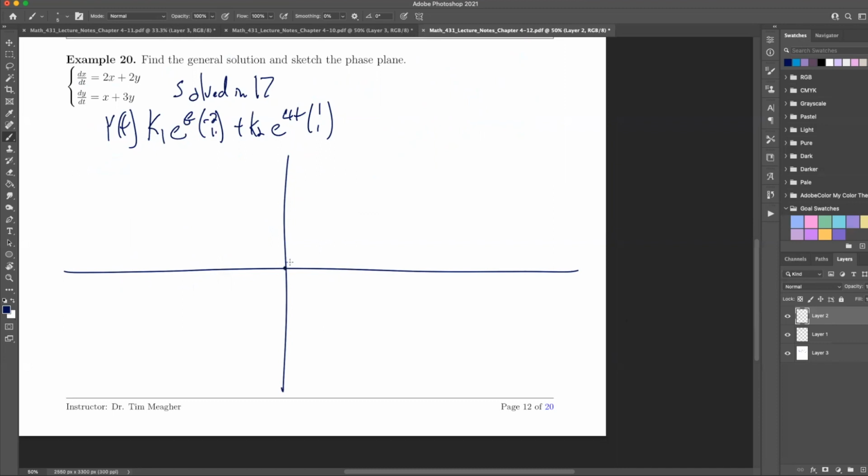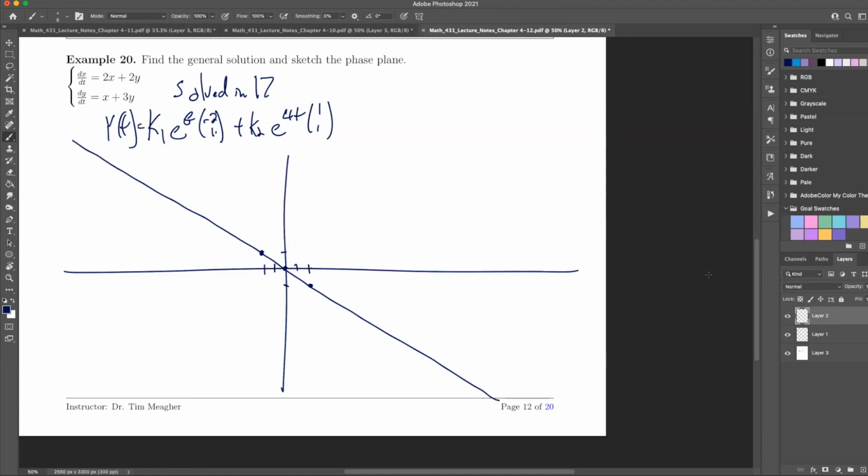I'm going minus 2 in the x direction and positive 1 in the y direction. Don't mind my dyslexia. Or positive 2 in the x and negative 1 in the y. And so here I have the solution, or the set of solutions.